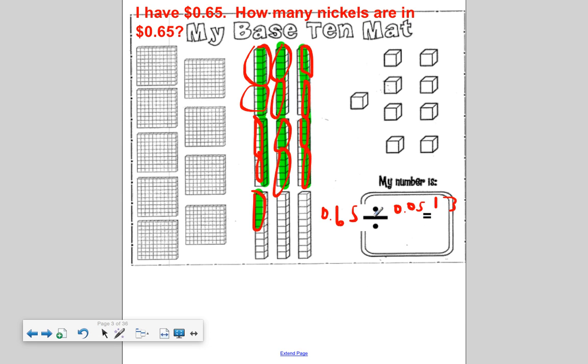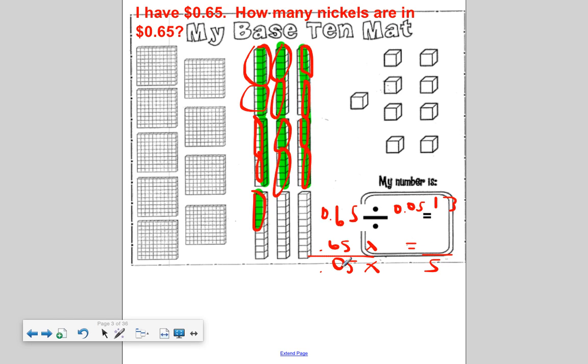Can I rewrite this in fractional form? Yes, you can. So 65 hundredths divided by 5 hundredths. I don't know about you, but I do not like working with decimals. I would rather work with friendlier, prettier numbers, whole numbers pretty much. What can I multiply 65 hundredths and 5 hundredths by so that the denominator is a whole number?